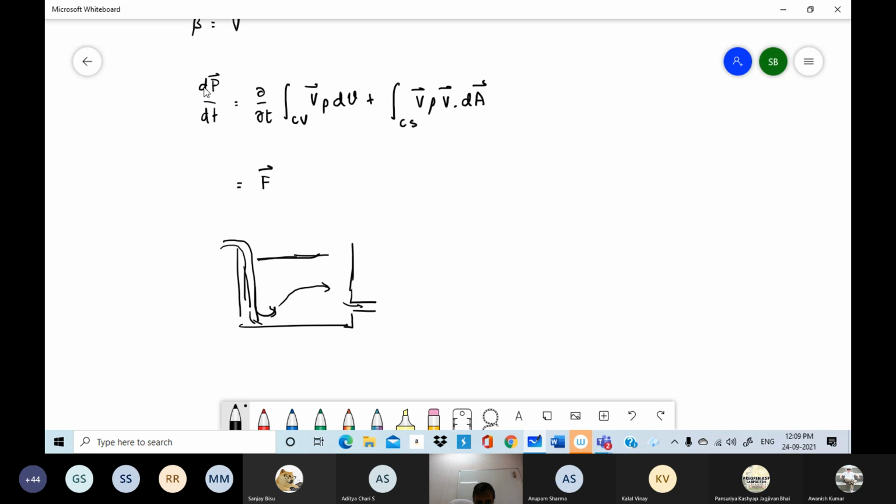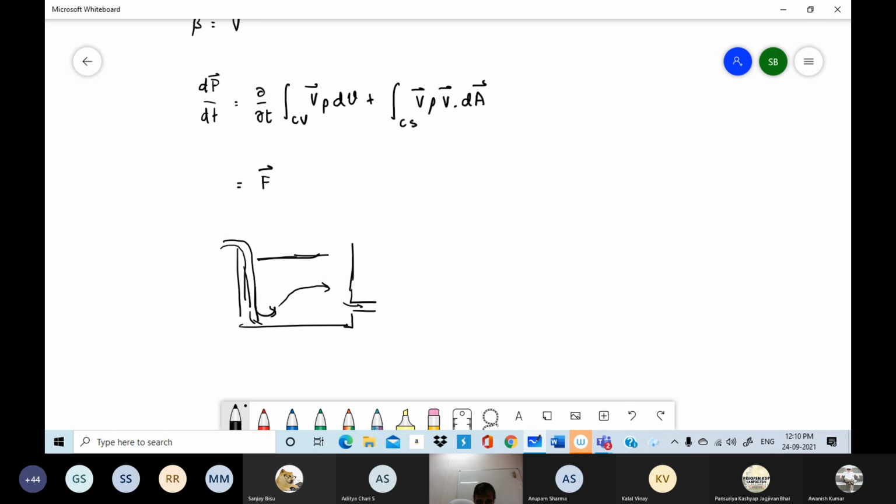So I know that dP system by dt is equal to F on the system. At a certain instant, dP system by dt is related to the properties in the control volume through this equation, so I can write it in terms of control volume variables. And at a certain instant, if the system boundary matches with the control volume, the F on the system and the F on the control volume are the same.